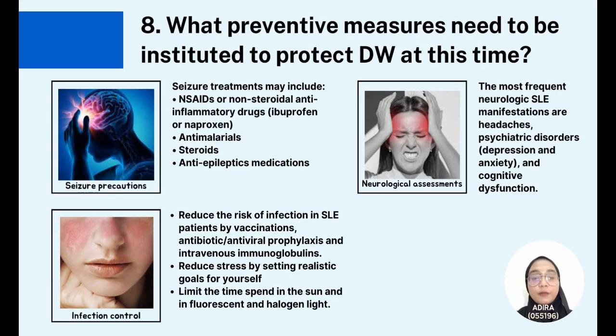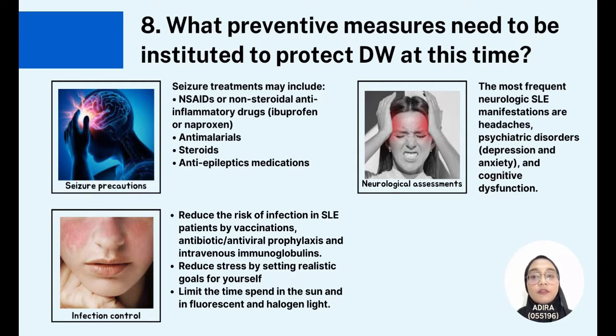Question 8. What preventive measures should be instituted to protect DW at this time? First, seizure precaution. Seizure treatments may include non-steroidal anti-inflammatory drugs such as ibuprofen and naproxen, anti-malarials, steroids, and anti-epileptic medication. Second, infection control.